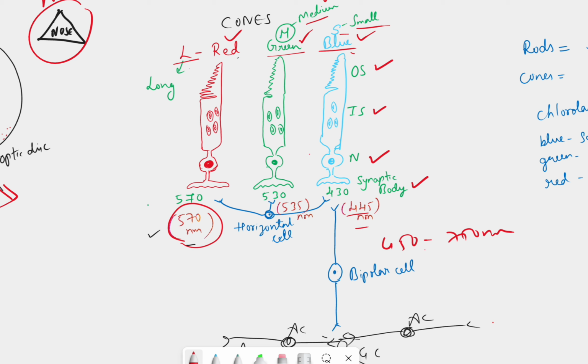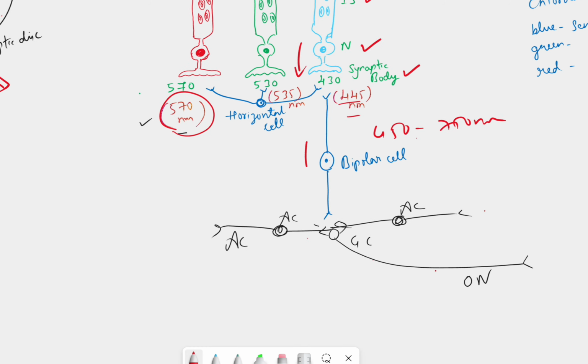And the signal flow, if you understand, from the cone, information is relayed onto the bipolar cell. From the bipolar cell, it will be relayed onto the ganglion cell, which will form the optic nerve. Very simple. From photoreceptors, that is either rods or cones, information is relayed onto the bipolar cell.